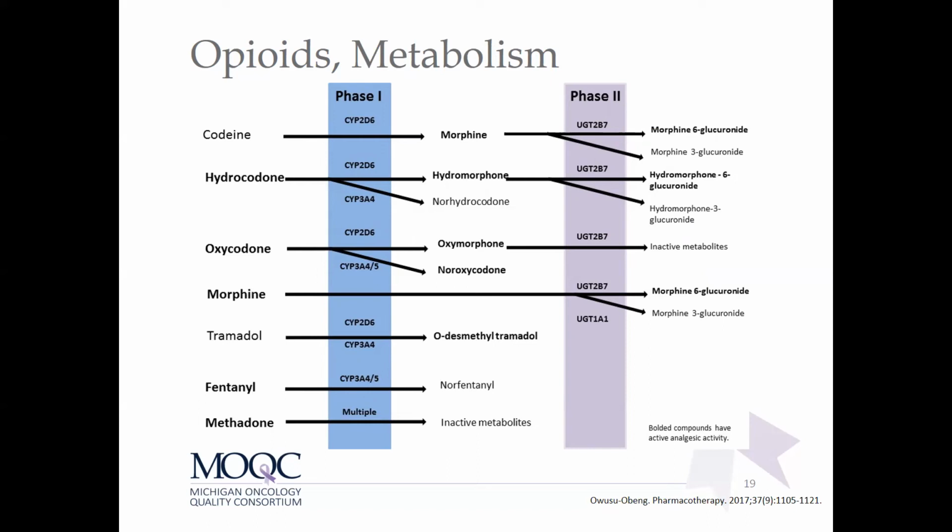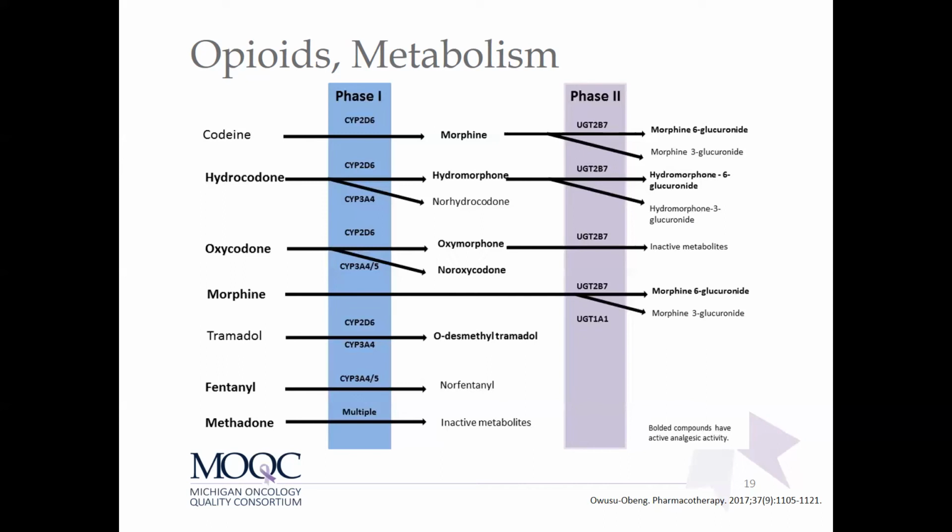And then what you see is that it doesn't go through phase 1 metabolism, it goes through phase 2 metabolism to glucuronide metabolites, M6G, which is really responsible for pain relief, and M3G, which is responsible for neurotoxicity and hyperalgesia. Morphine tends to have greater histamine release and hemodynamic effects than some of the other opioids, but because it only relies on phase 2 metabolism, there are few pharmacokinetic drug interactions.